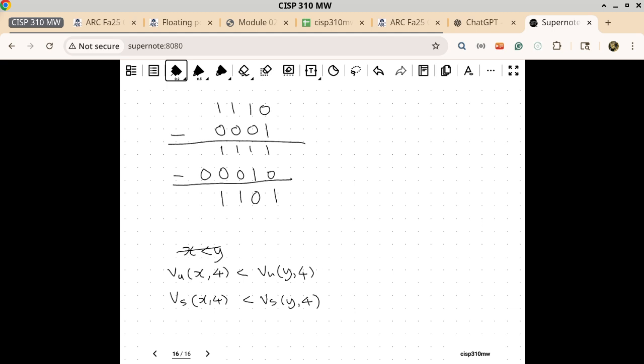So we'll focus on just the VU, because the VU is the easier one. So in this case, this is false, okay? This is false. In the previous case, it is true.